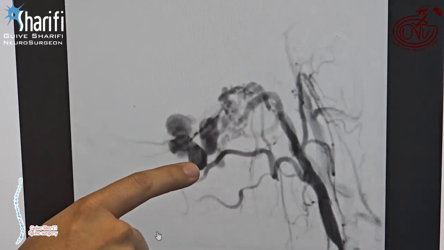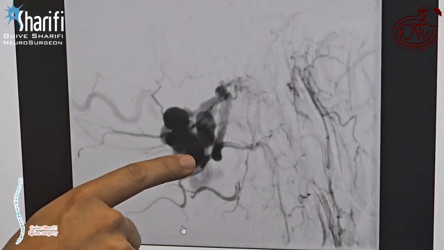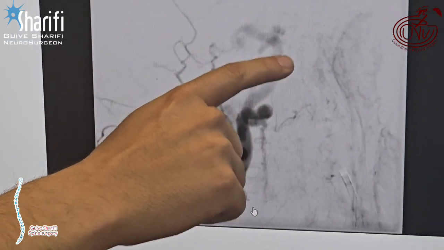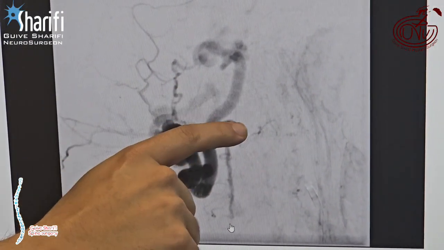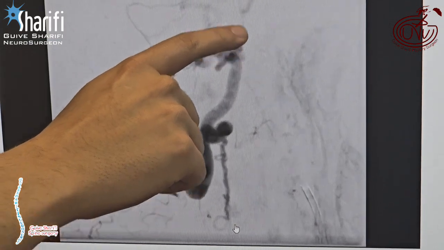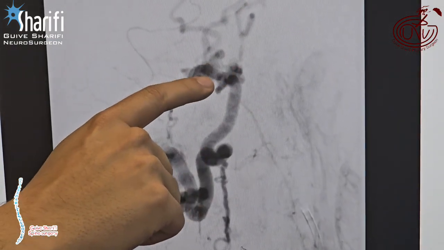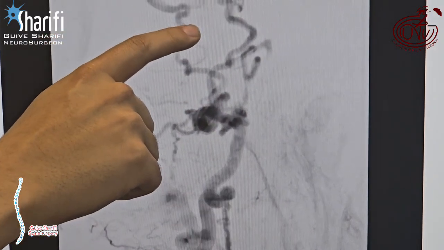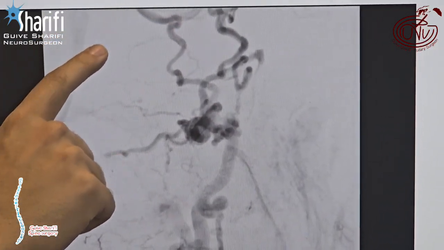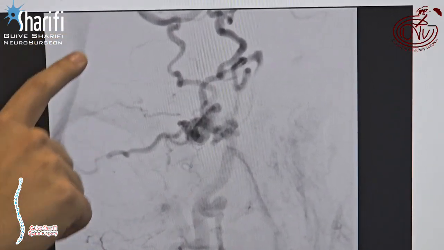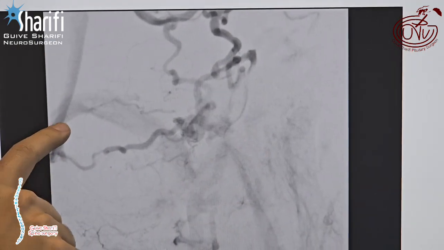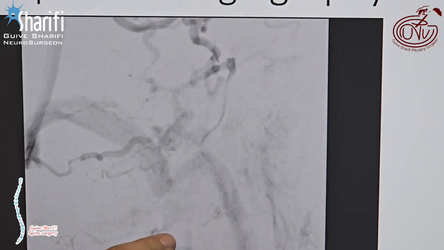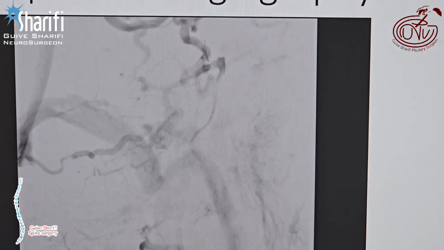These are aneurysms within the venous system which go all the way, draining to the peripontine vein and premesencephalic veins, and refluxing into the cortical veins, going all the way up and then draining into the superior sagittal sinus, and then to the transverse and straight sinus, and going into the jugular vein.